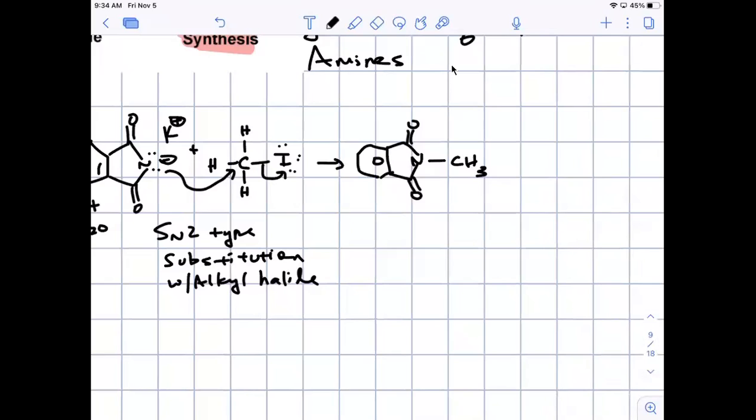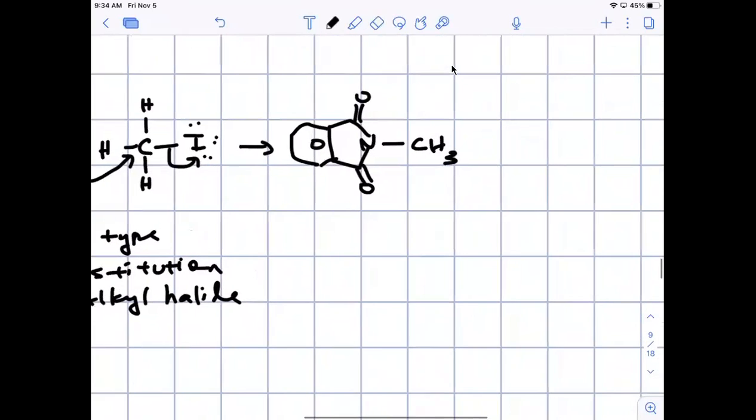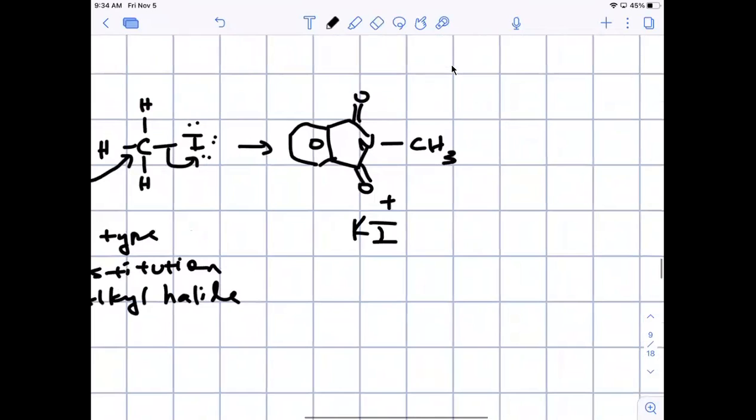Right, so now you have that plus KI, right? Because again, when iodine leaves, it's going to be negative, and whatever the counter ion is, it's going to follow it. So it's going to find whatever's negative and just hang with that. You'll have an ionic attraction with that.